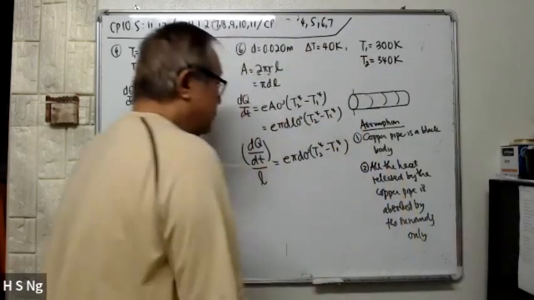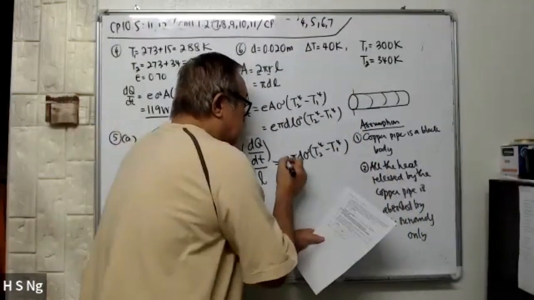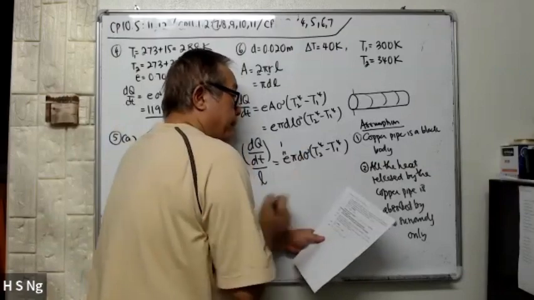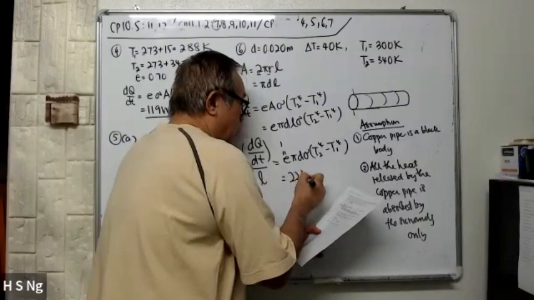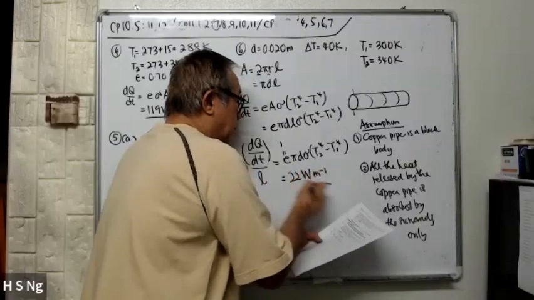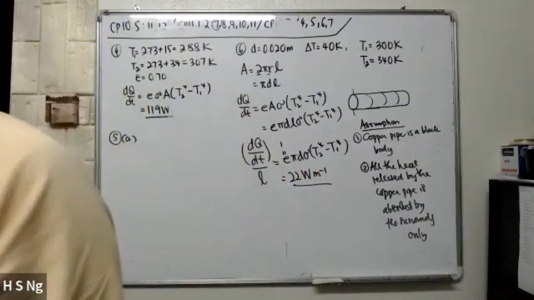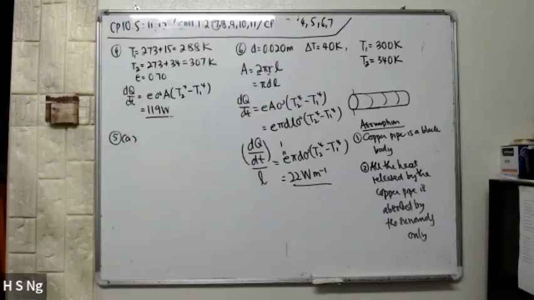So these are the two assumptions made. With that, E becomes 1, and you know all the rest. Fine, 22 watt per meter. Now with that, we finish the syllabus.